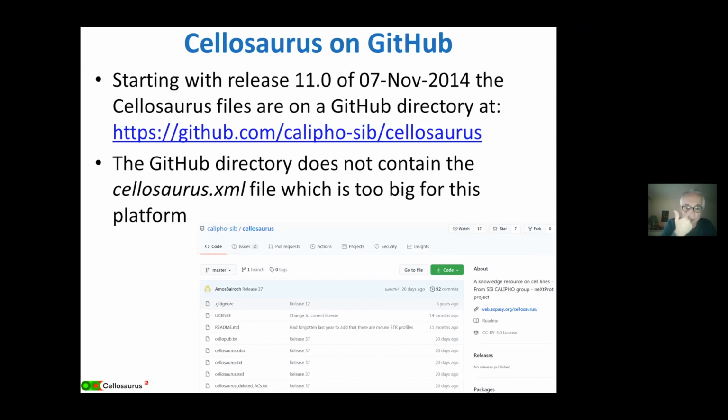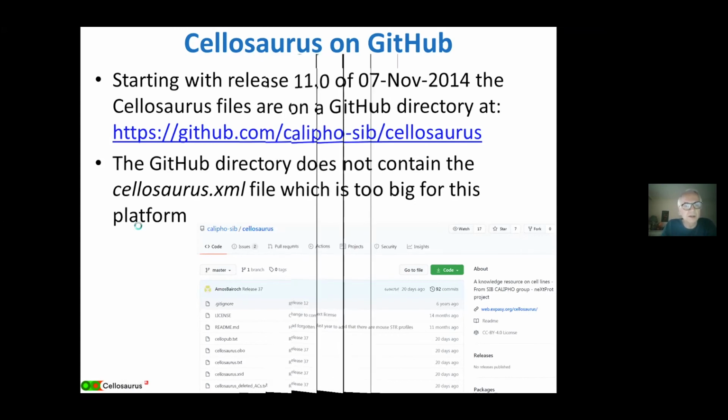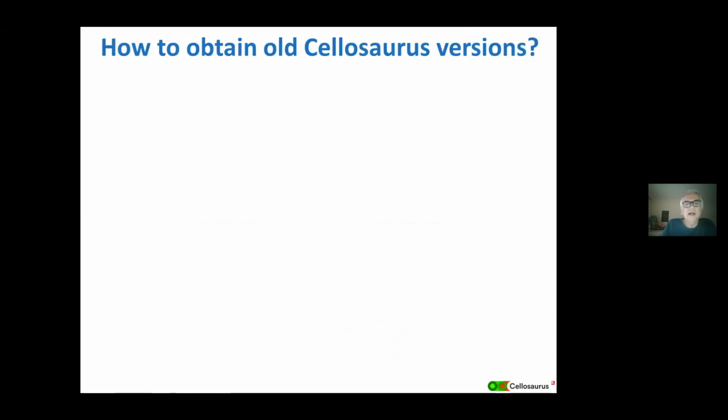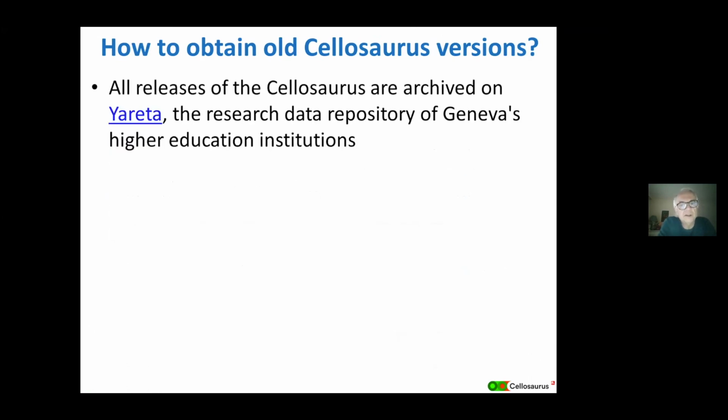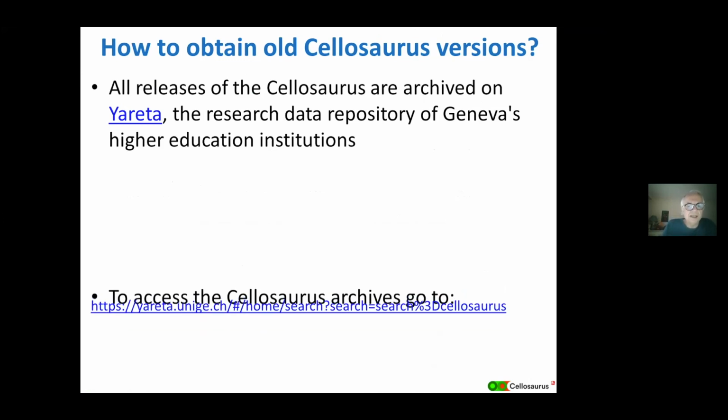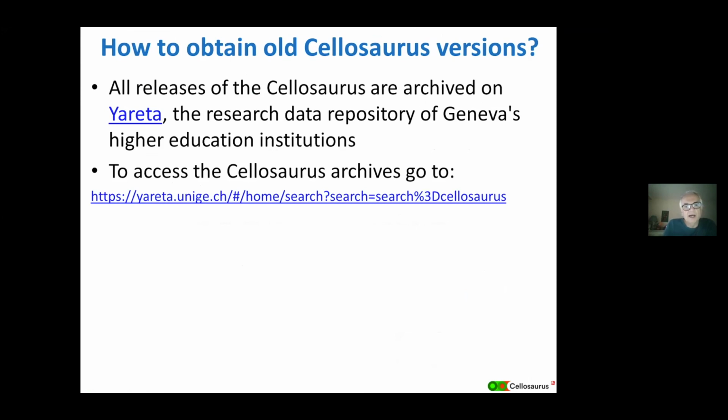Since release 11, you can go back release by release on GitHub. And if you're interested in old versions, I would go to Yareta, which is a research data repository of Geneva University and another higher education institution. In Yareta, we created an archive with every Cellosaurus release, starting with release 2.